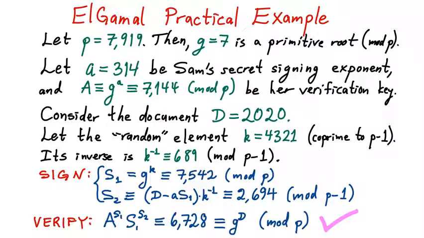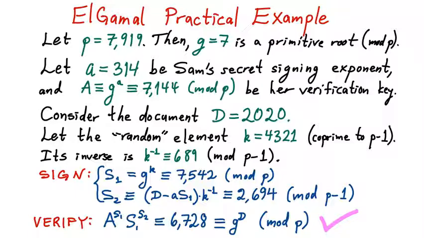Let's just do a practical, numerical example. Consider a moderate size prime, p equals 7,919. Then it turns out that g equals 7 is a primitive root modulo p, in other words, a generator.